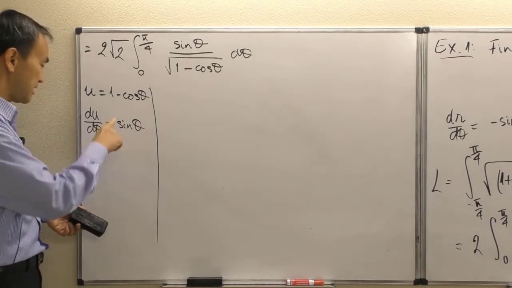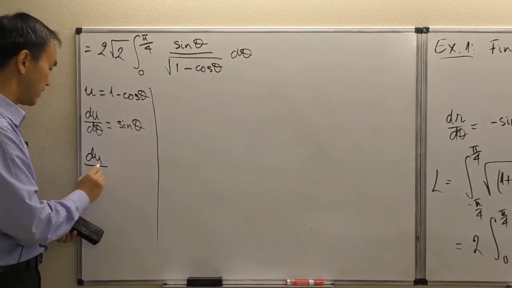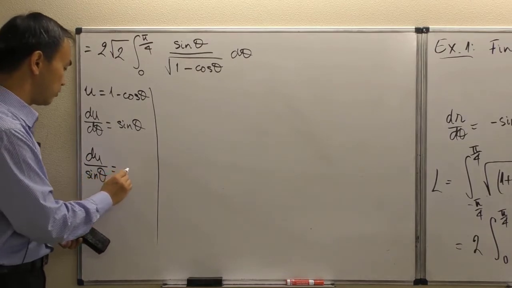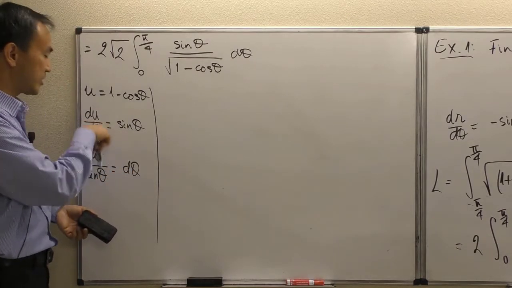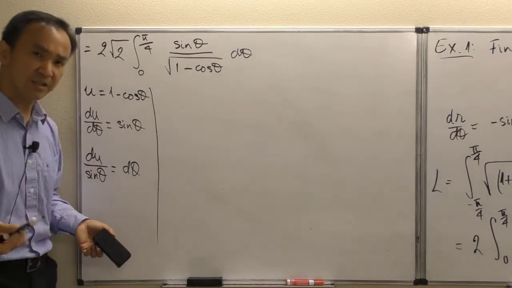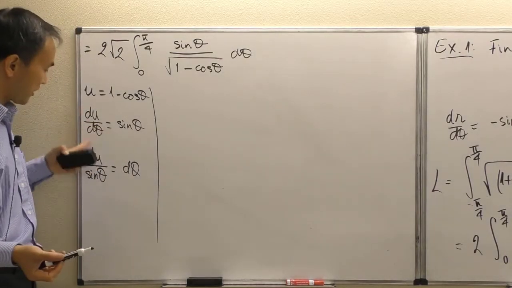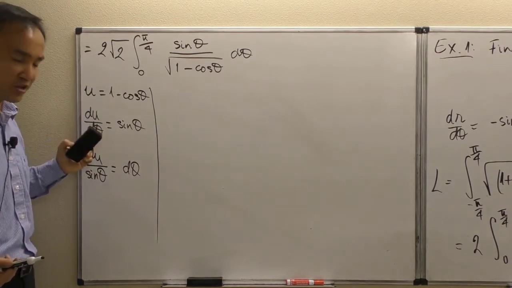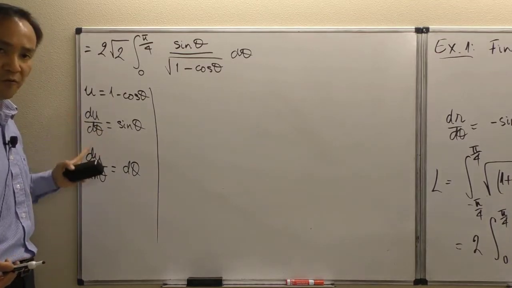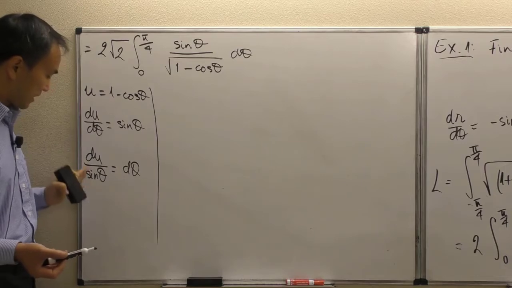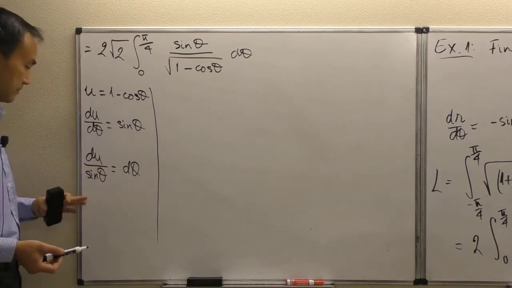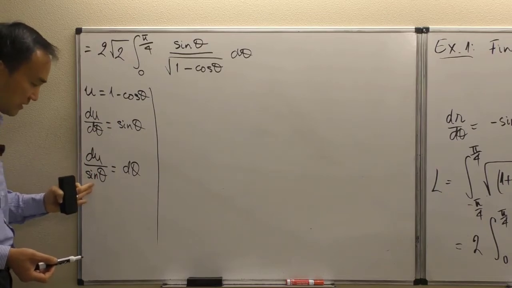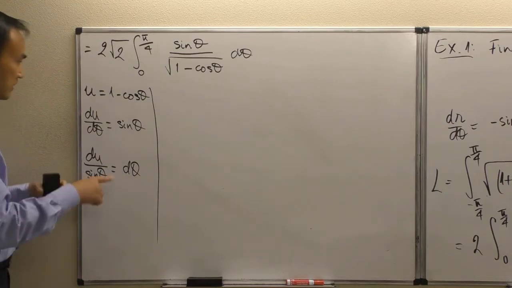That means I am going to rewrite this as du over sine of theta equals d theta, as we recognize du and d theta here are differentials, where the whole expression is understood as a fraction, a ratio of two differentials, du d theta. And so that's how I rearranged the equation to become du over sine theta equals d theta.